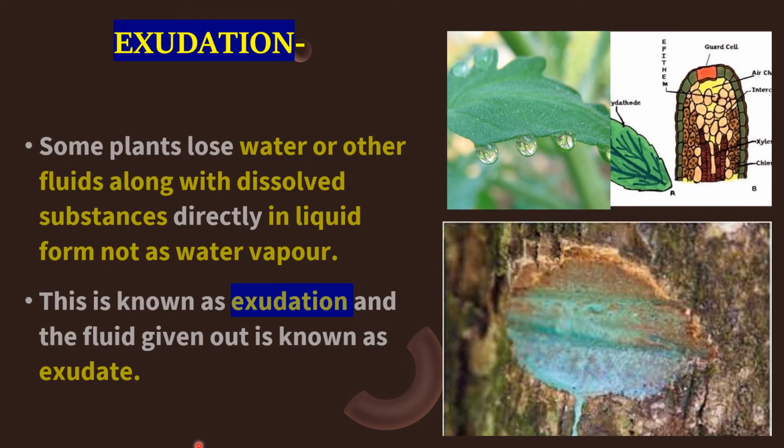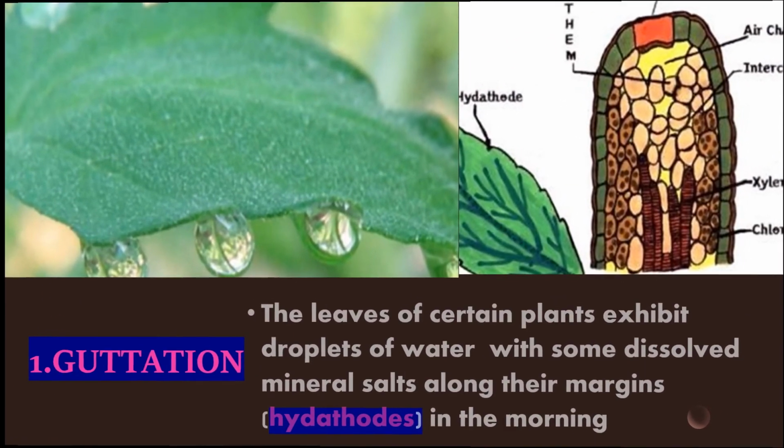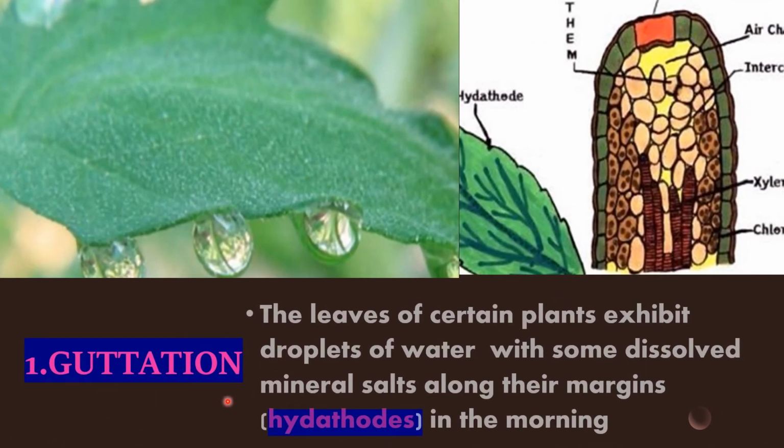Then there are two types of exudation present in plants. They are guttation and bleeding. How do they differ from each other? What is guttation? What is bleeding? We can go through that. What is guttation?